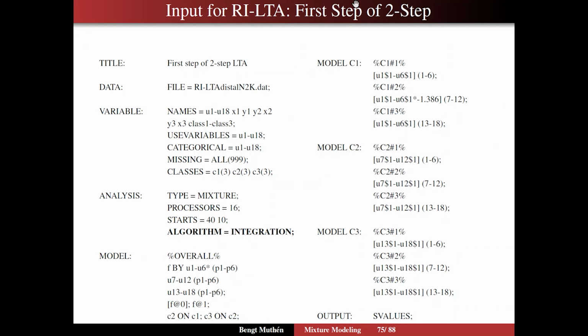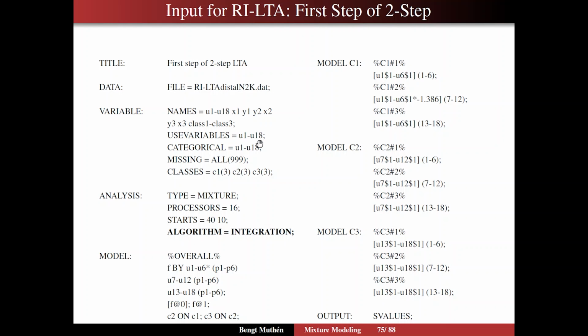Slide 75, we turn to the first step of two-step. And here, as often with two-step, you can go back to the original data because there's no saved data of interest really. You don't save cprobs, you don't save BCH weights.